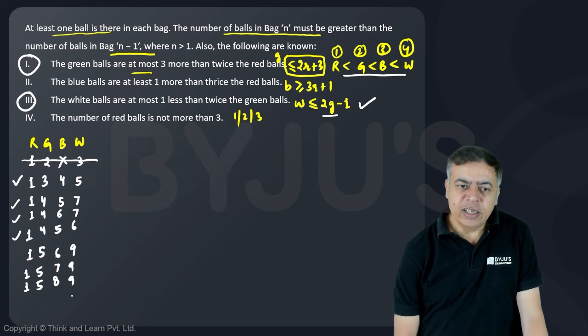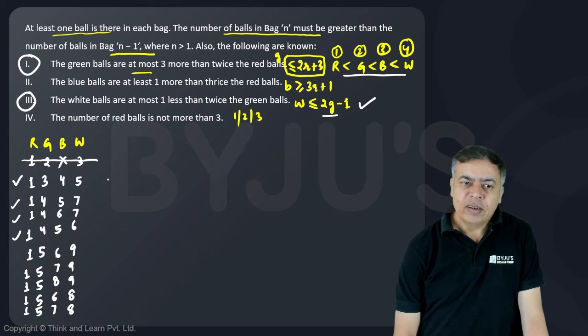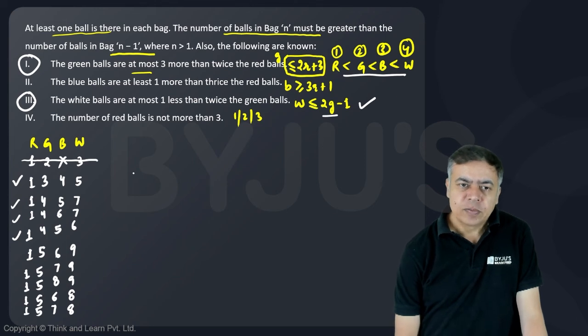But less than 9, so it can be 8. If it is 8, it can be 6 or 7 here. Or if you take 7, then it can be 1, 5, 6, 7. That is also possible.